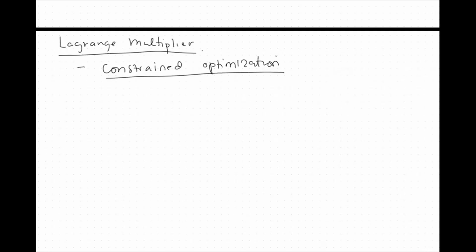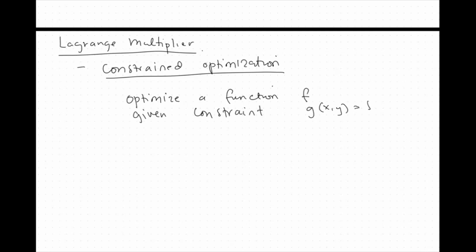What we are given is we want to optimize a function f, and then we are given a constraint g(x, y) equal to, let me call this, 0. So this is our constraint, and this is the function that we want to optimize.